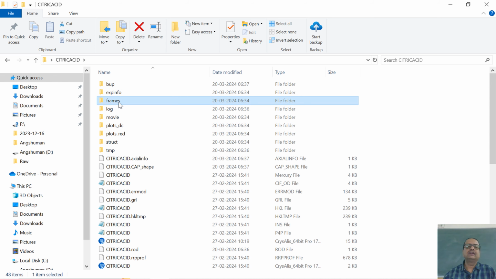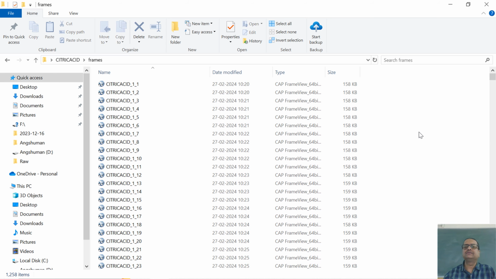This folder is the actual folder for data collection. The file names are written like that, _1. One point you have to remember always, that for any experiment, the file name should not have a space.